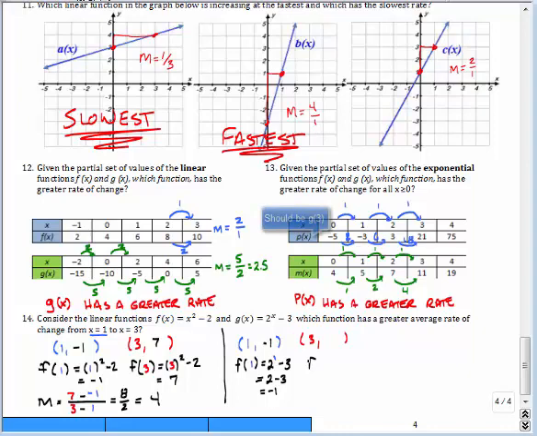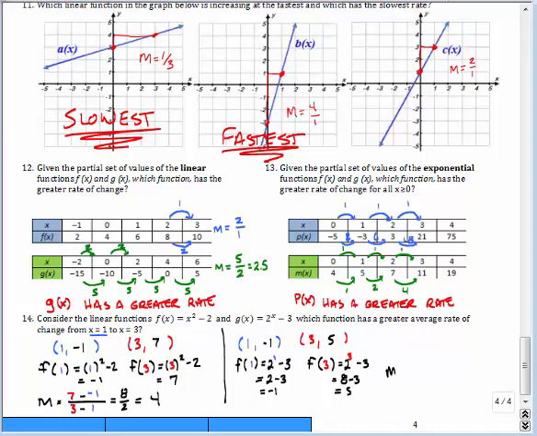And I try to plug in the next one, so I'll do g of 3 equals 2 to the 3 minus 3. So let me plug in the 3. Alright, so 2 to the third is 2 times 2 times 2, which is 8. And 8 minus 3 is 5. So that helped me determine that this one was 5.